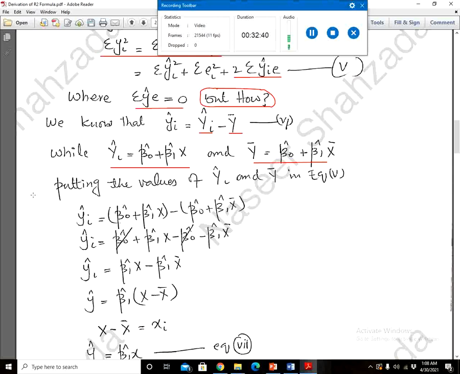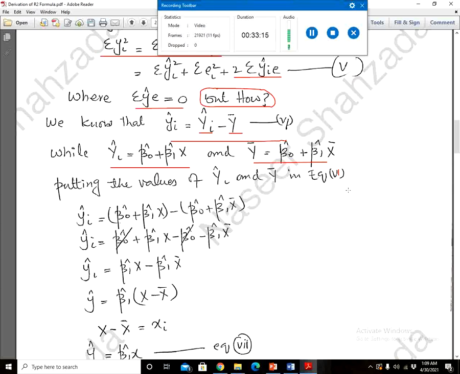Putting the values of Yi cap and y mean in equation vi. We put the values of Yi cap and y mean in this equation vi.